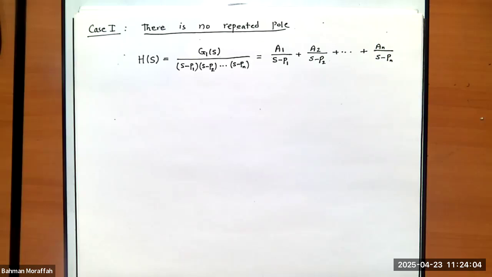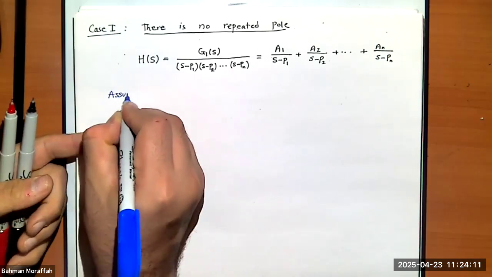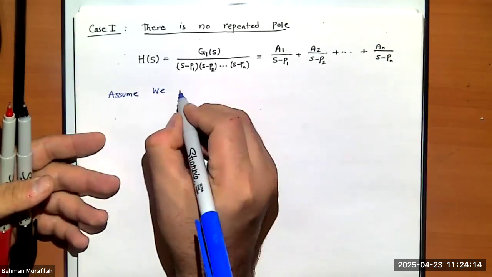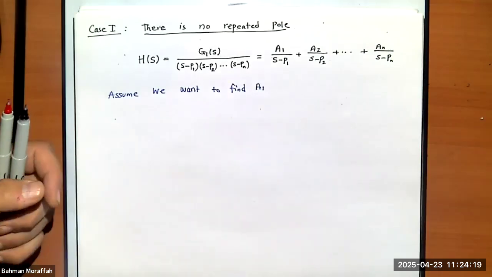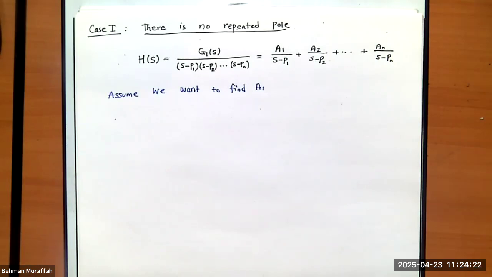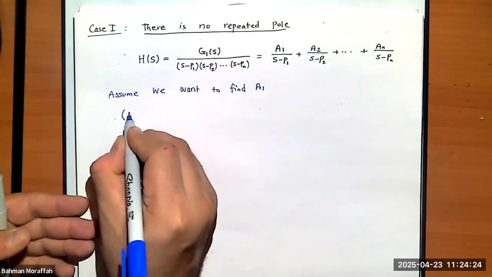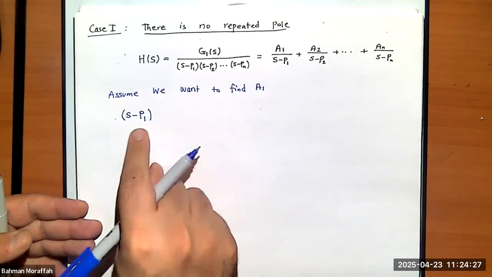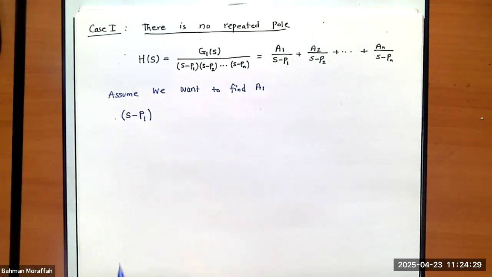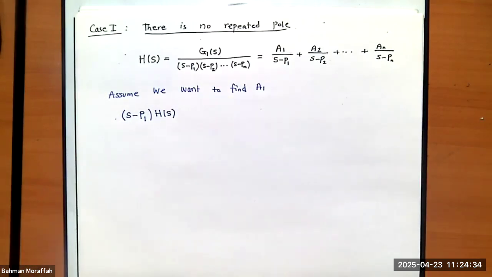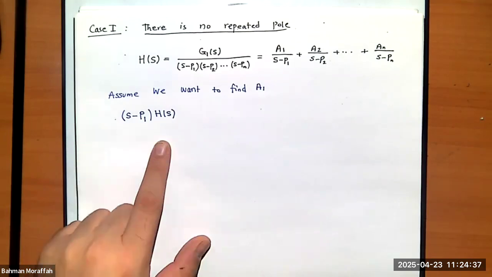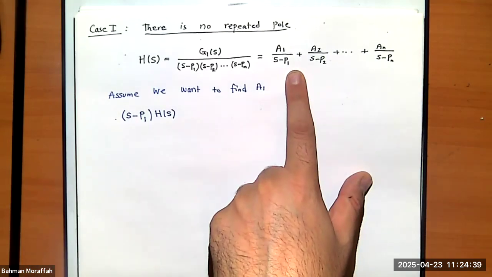Let's just say I want to find A1. Let's look at S minus P1, where P1 is the pole corresponding to A1, times H of S. If I do that, what happens to the right-hand side?